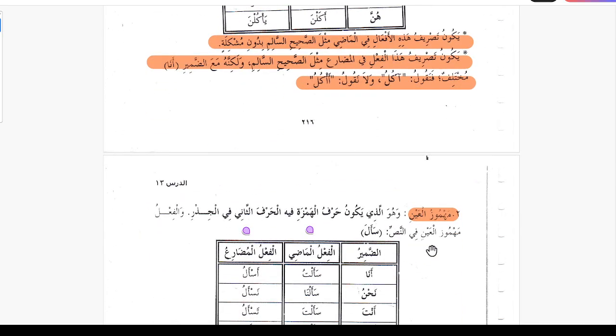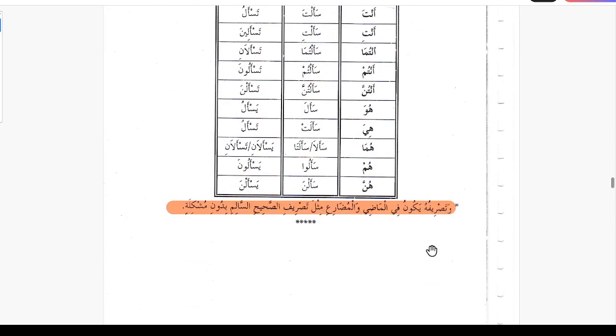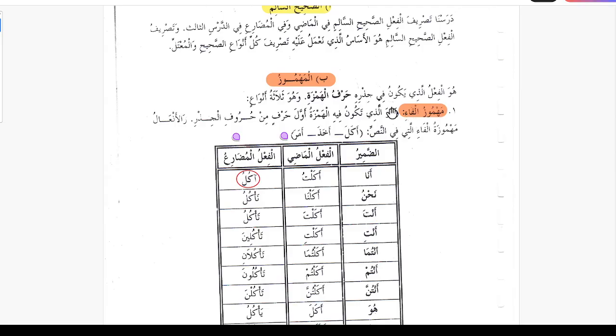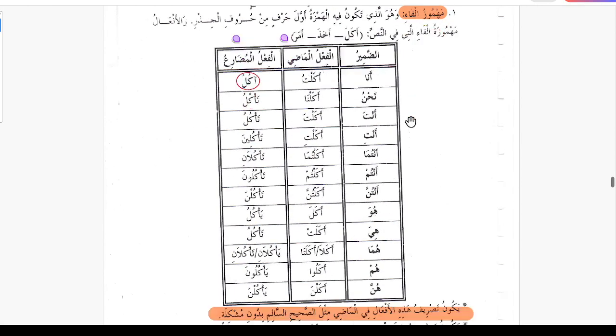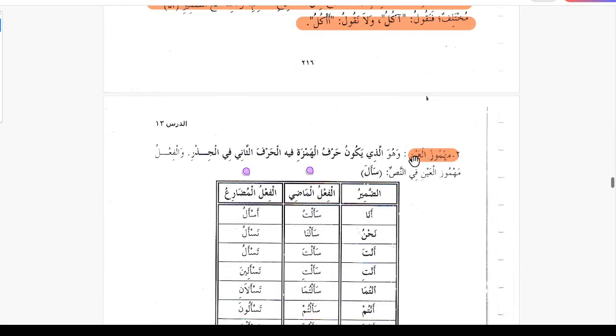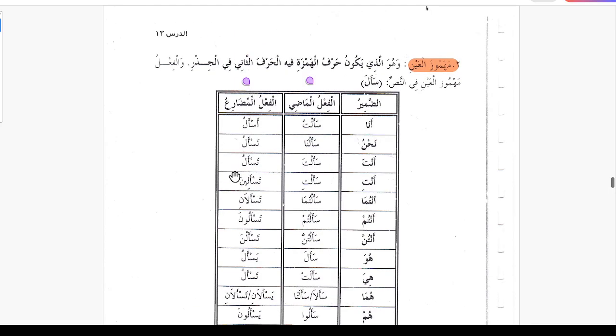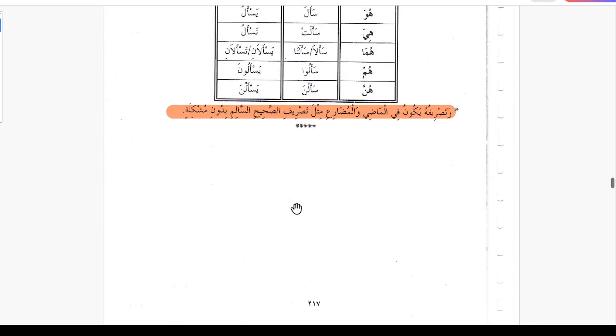And then the second kind was, so the first kind is mahmuzul fa, where the first radical is hamza, and then the second one is mahmuzul ain, where the ain kalama or the second radical is hamza, like sa'ala. And in this case we said that the conjugation of this is the same as the fi'l salim, so there is no problem.